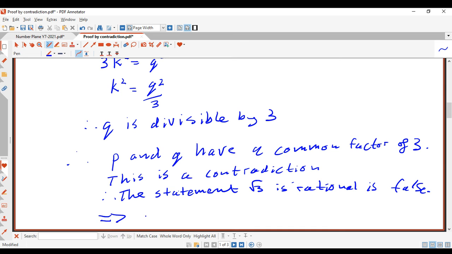Which implies root 3 is irrational. Done.